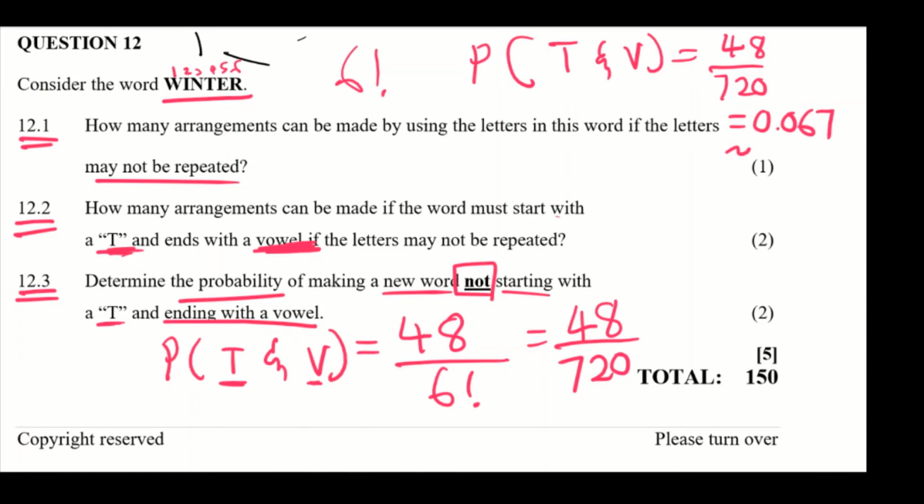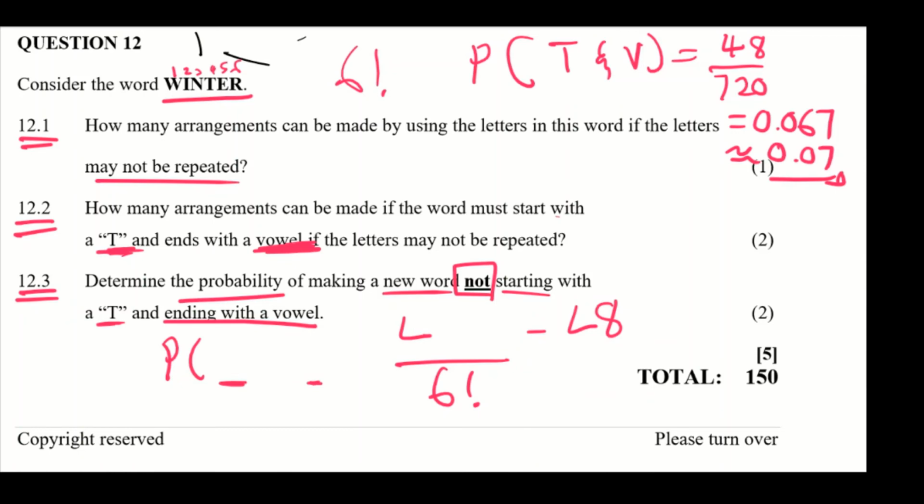You can just approximate it to 0.07. So this is the probability that your word starts with a T and ends with a vowel. But the question says that we want the probability that your word does not start with a T and does not end with a vowel.